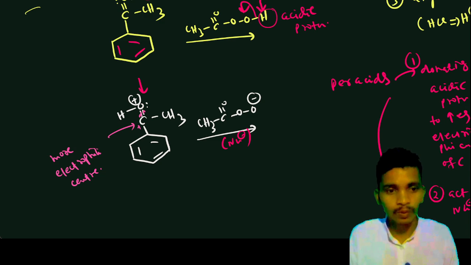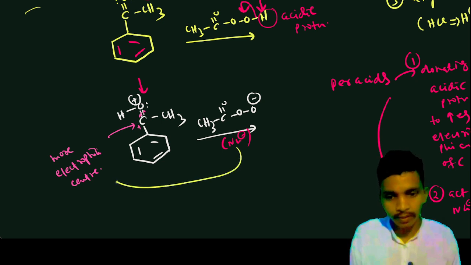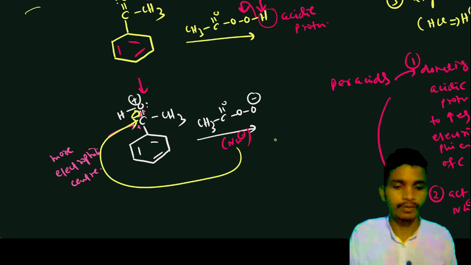Now it will act as a nucleophile, and it will attack the electrophilic center. Because a nucleophile will attack the electron deficient group, and this is going to be released here. So what do we get now?